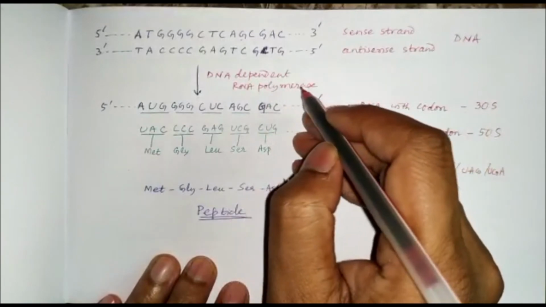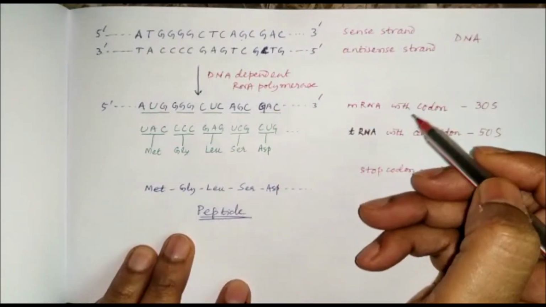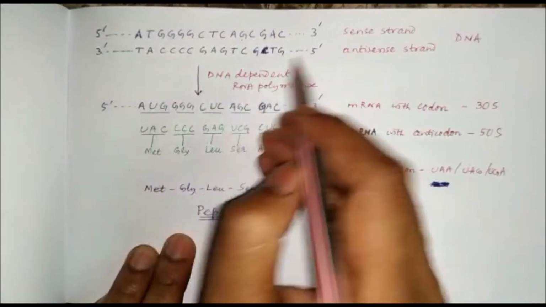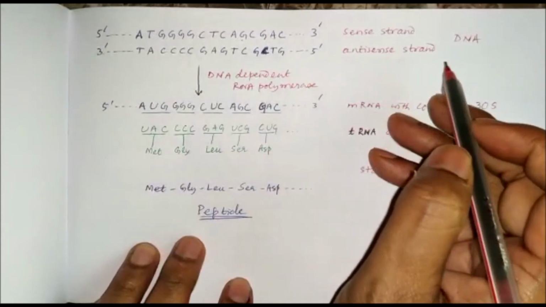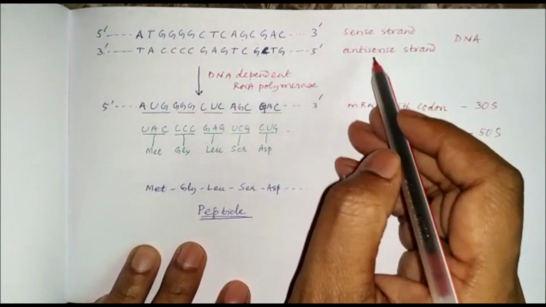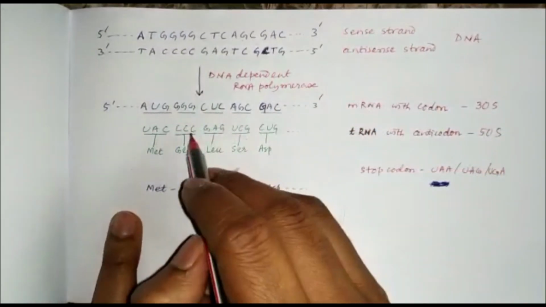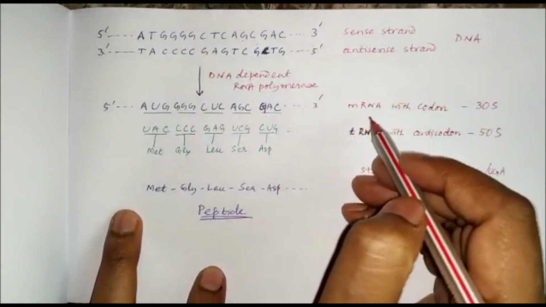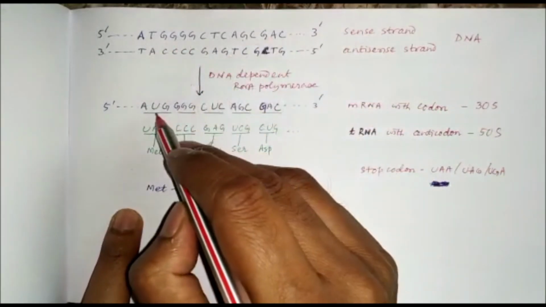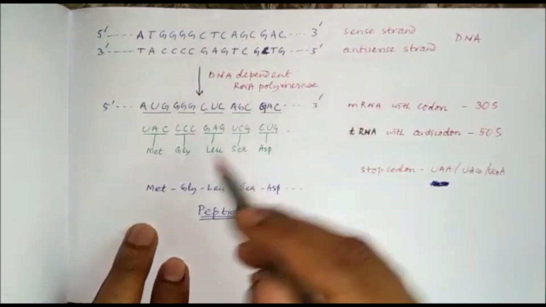By the action of DNA dependent RNA polymerase, the messenger RNA is produced, with bases complementary to your antisense strand and similar to your sense strand, because the sense strand and antisense strand are complementary to each other. The only difference is that the messenger RNA has the same base sequence as the sense strand, except U in place of T.